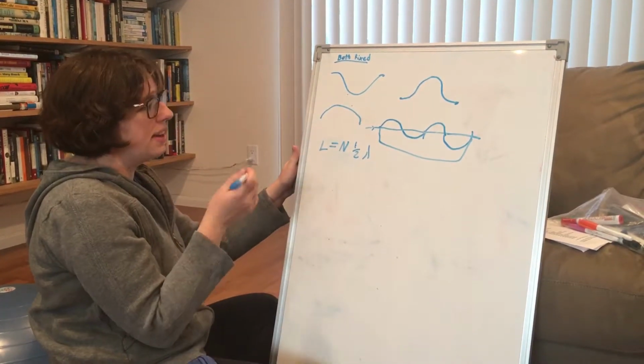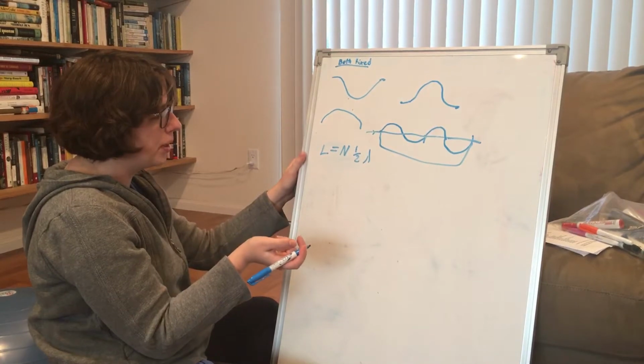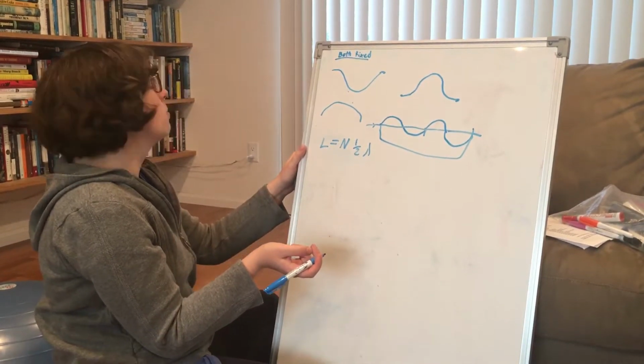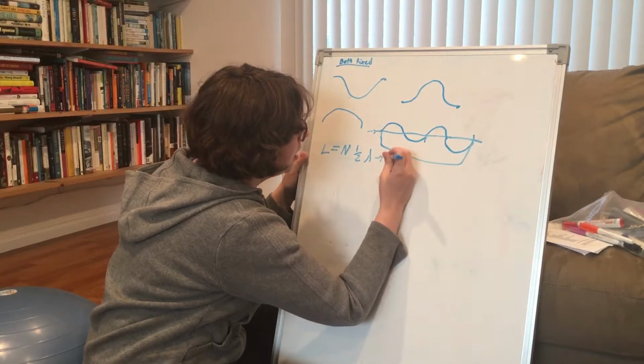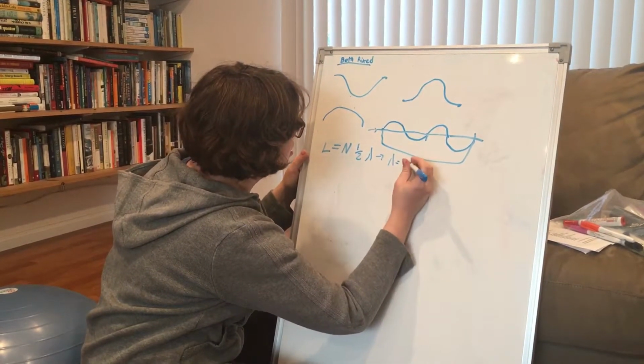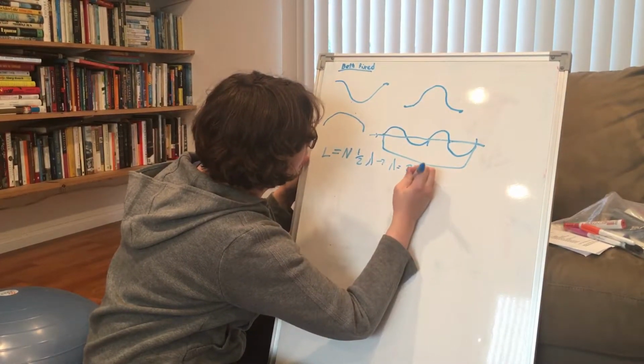That's how you get it, and from there it's simple to turn it into the form we're familiar with, because this turns into lambda equals 2L over n.